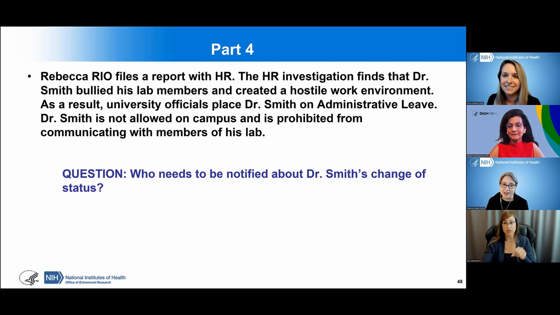So in case you're not aware, with the Appropriations Act of 2022, there is a new law put in place where if someone who's a PI on an award or senior key personnel on an award named in the notice of award has been disciplined for harassment, bullying, or unsafe work environment, the institution is required to notify the NIH. So I just wanted to let you know about that.